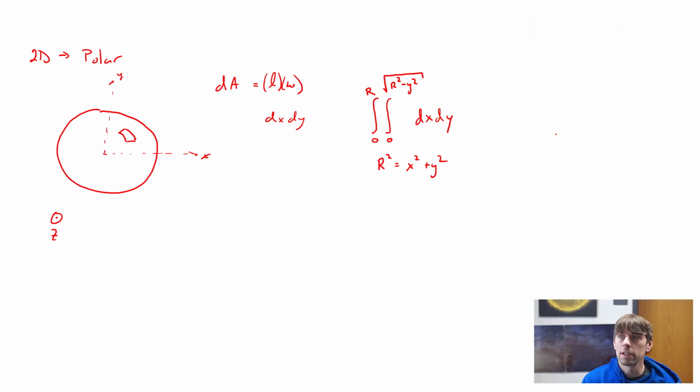But in polar coordinates, this process is rather straightforward. We argued that the area is a length times a width. Well, the width here is a small step directly away from the origin, which we refer to as dr. And then the length was the arc length of that small section associated with a very small change in angle, d theta.